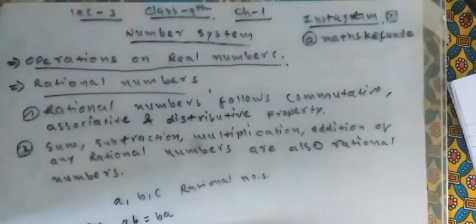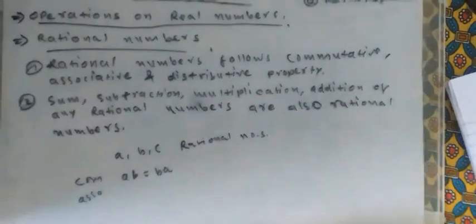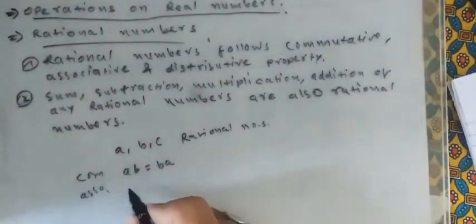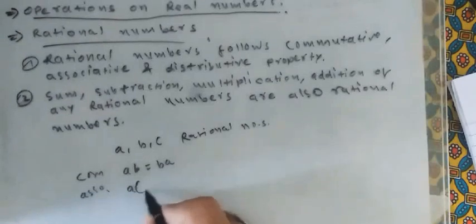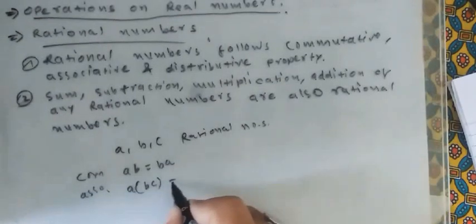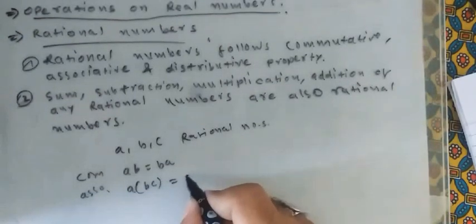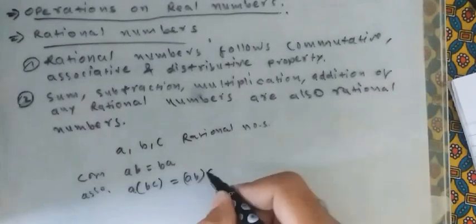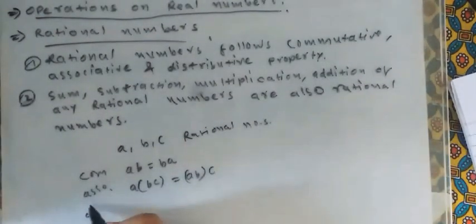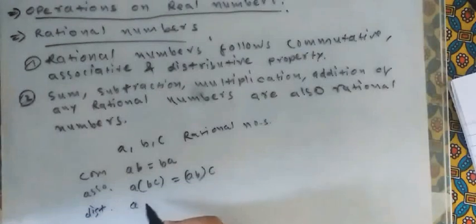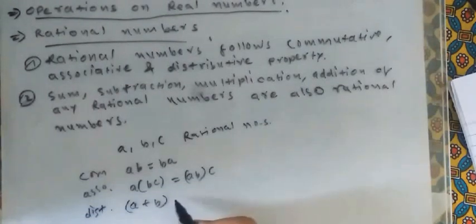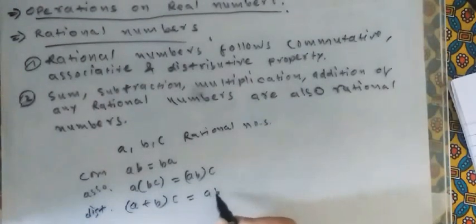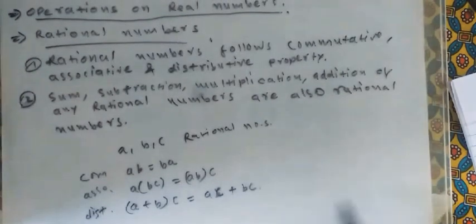If it is associative, then we get a into bc is equal to ab into c. If it is distributive, then we get a into (b plus c) is equal to ab plus ac.